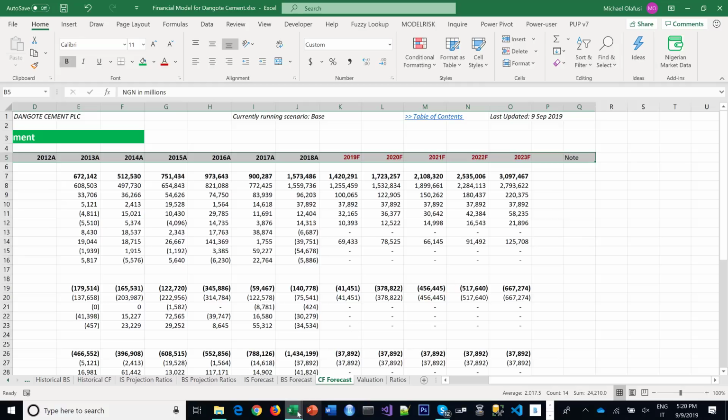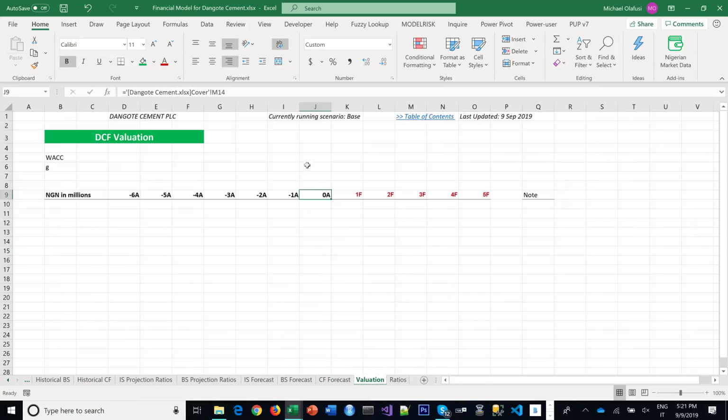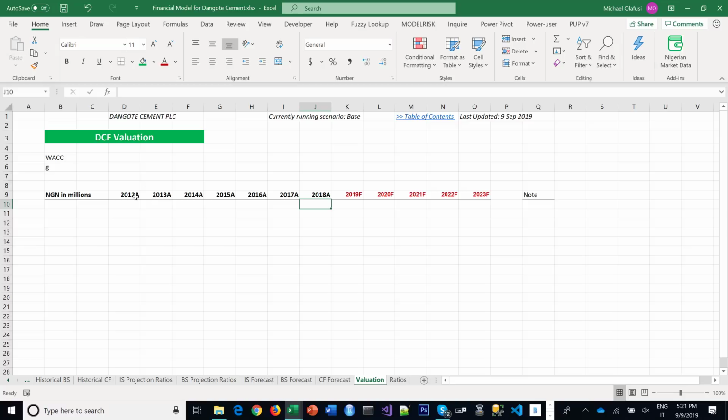Sorry about that. I was checking where this is coming from. So I'm going to pick this, the year. Alright, so that should fix that part.